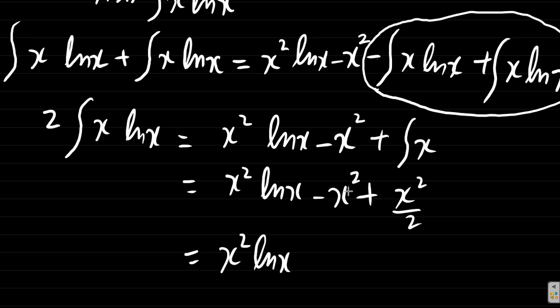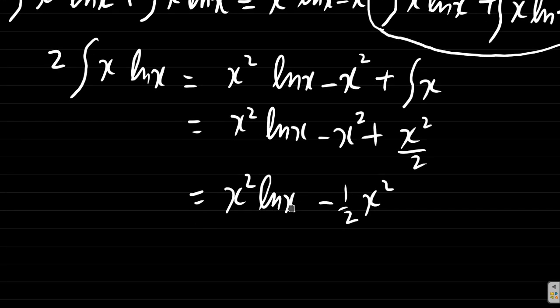You have negative 1x squared plus half x squared. If you have negative 1 plus half, that leaves you with negative half x squared. See that? Fractions. Negative 1 plus a half will give you a negative half.